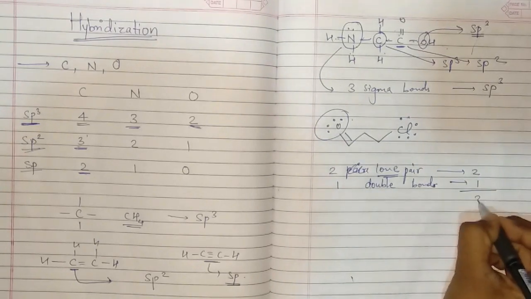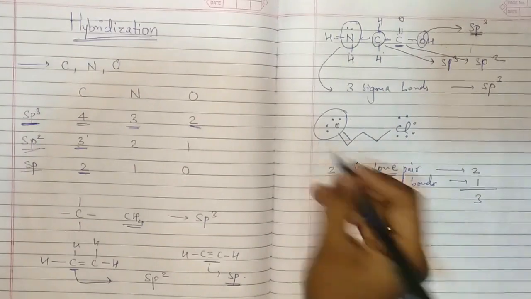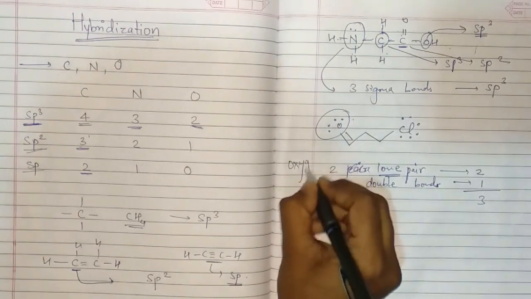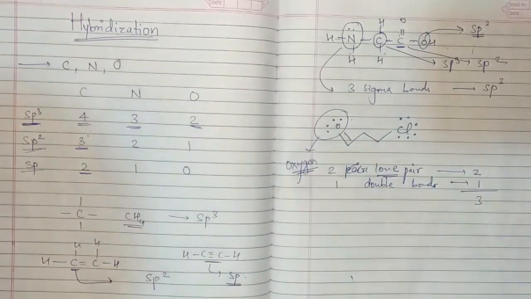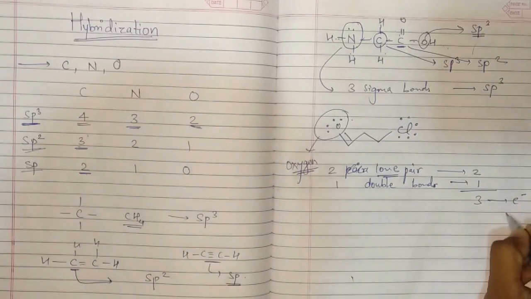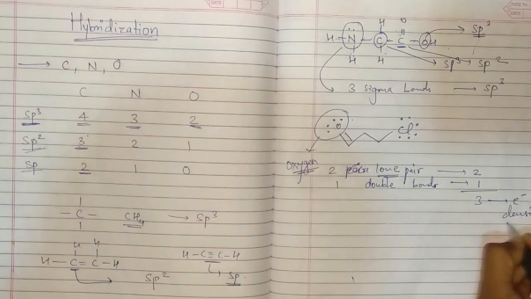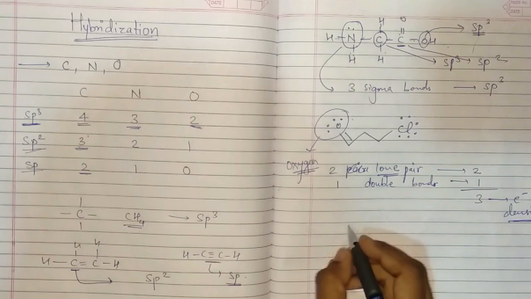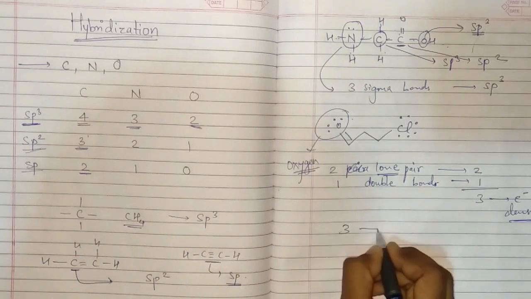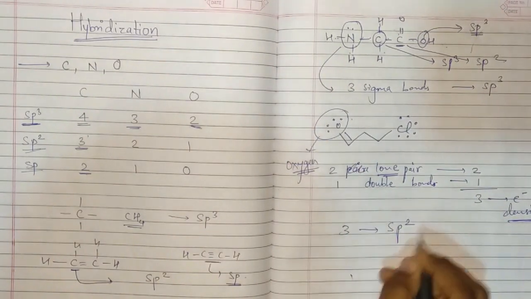So the total is 3. So the electron density is 3 for oxygen. So if the electron density is 3, then the hybridization is sp2.